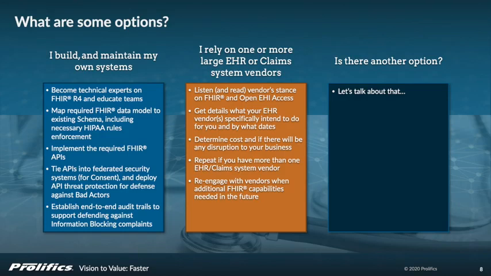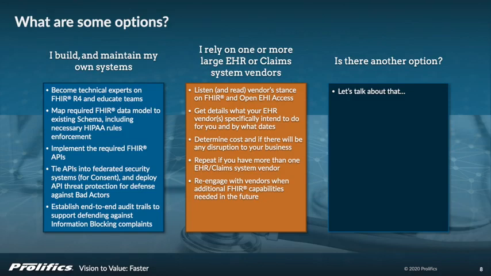And the things you need to do if you fall into that category is really dig into, listen to what they say, read what they've published regarding your vendor's stance on the mandates, FHIR itself, and open electronic health information access, and get details on specifically what your vendor is going to do for you with times and dates, so that you know that your vendor is going to support you from a compliance perspective.